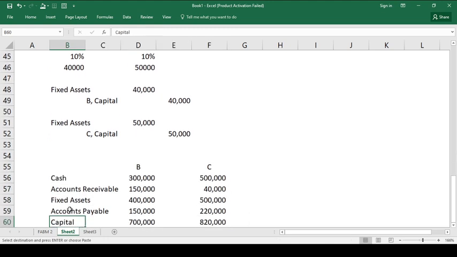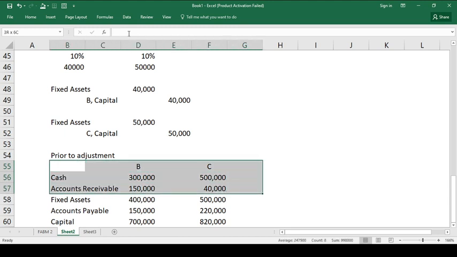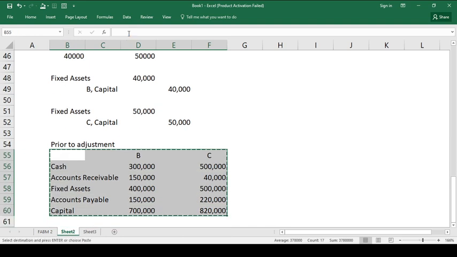Ito yan, no? Prior to adjustments, ito yung mga balanse ng accounts. After the adjustments, ano kaya ang mangyayari? Kopyahin ko ulit siya para ma-compare natin.